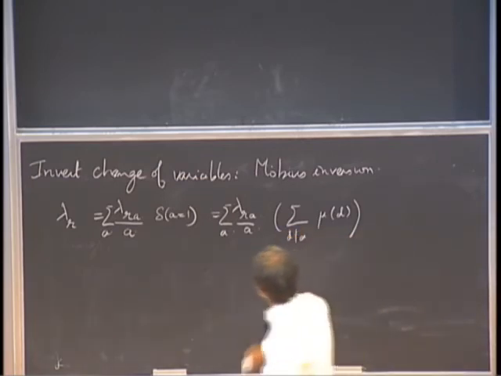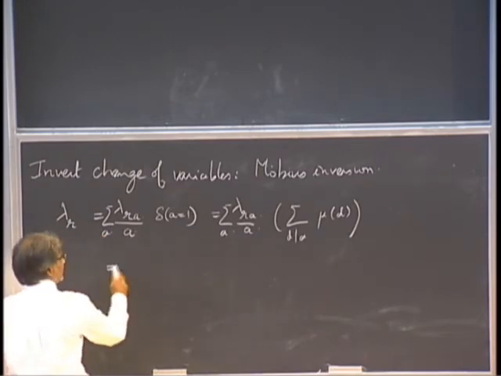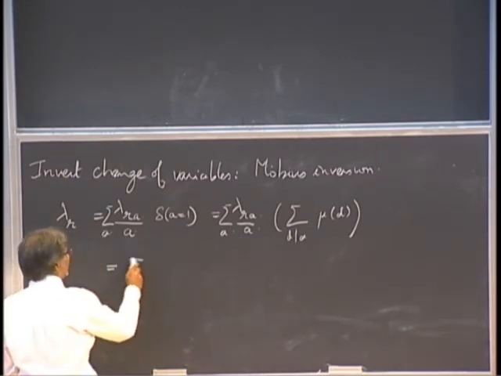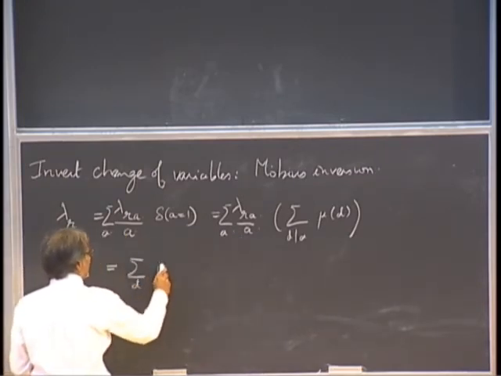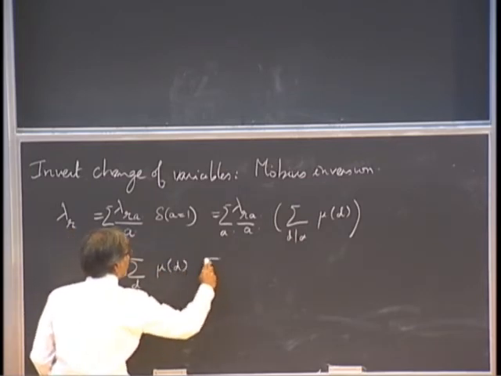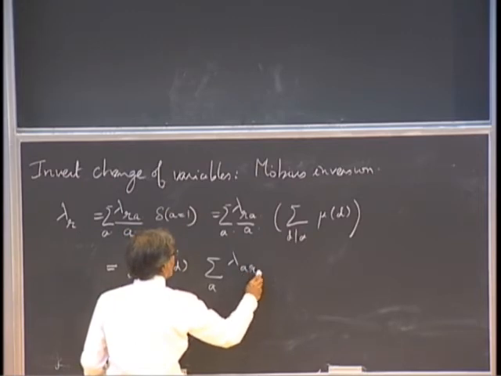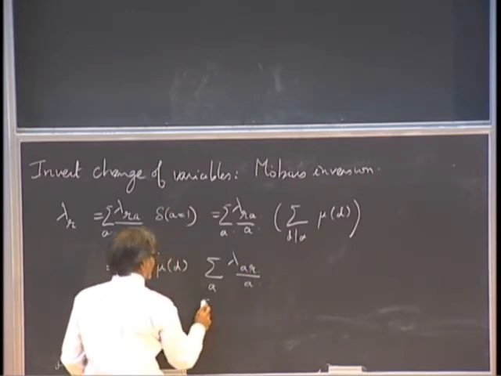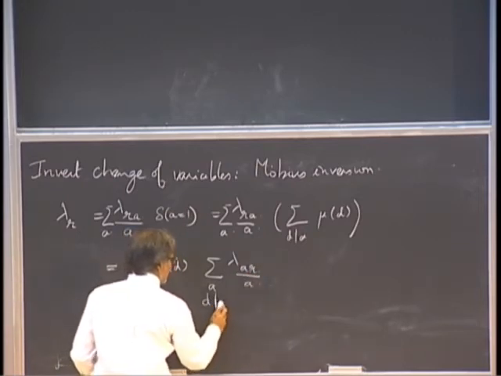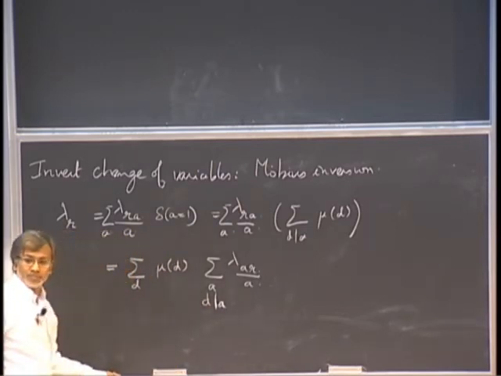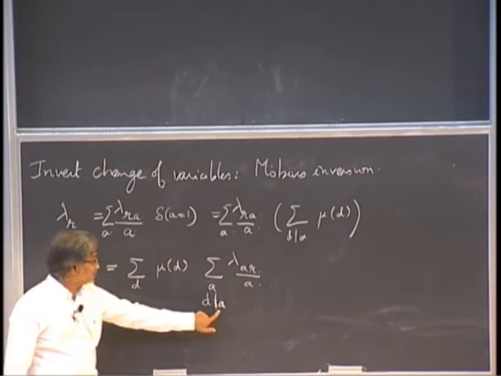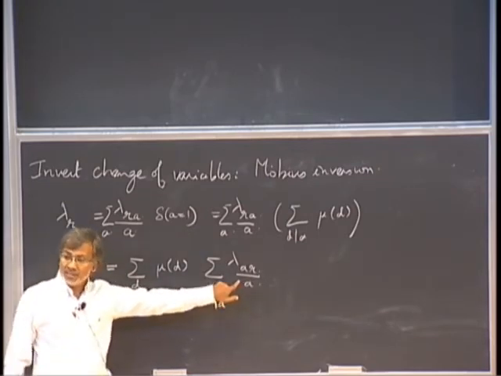So now let me just regroup the terms. It's a sum over D, mu D, and then a sum over A, lambda AR over A, with D dividing A. And see, this looks a lot like the definition of Xi.